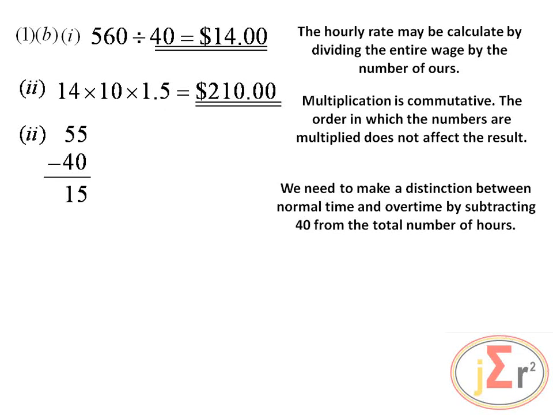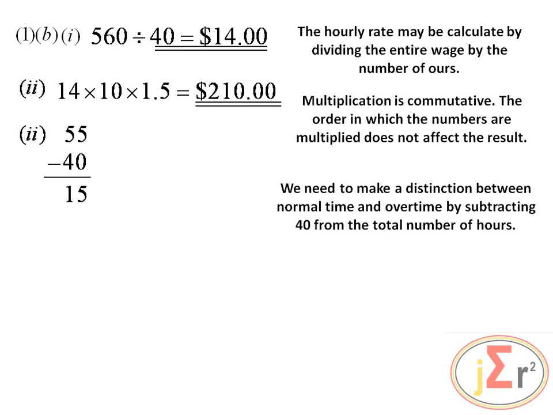So, in this section, we need to calculate the total wages earned by the truck driver for a 55-hour work week. So, we need to calculate for what? 55 hours.